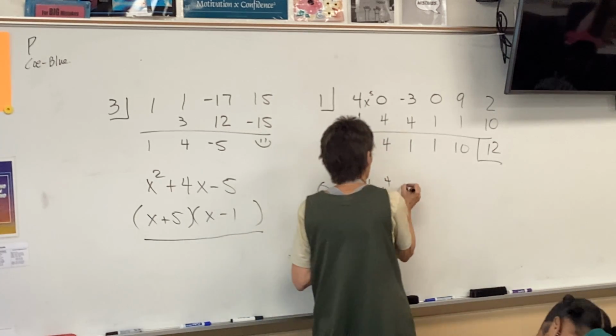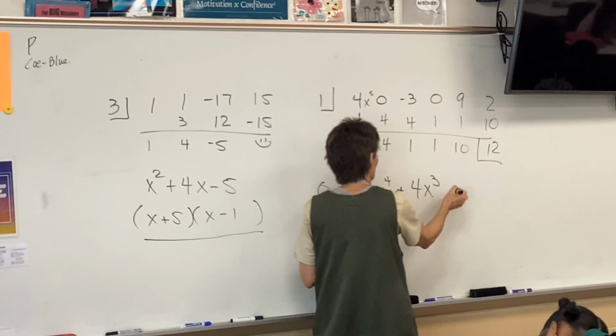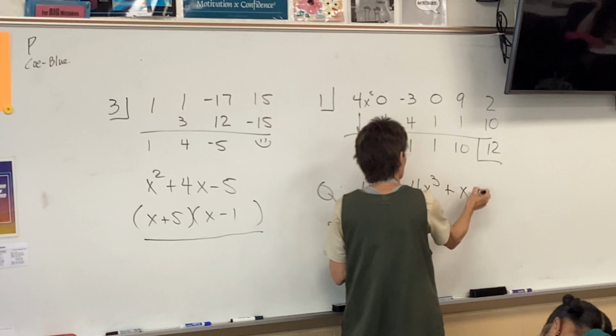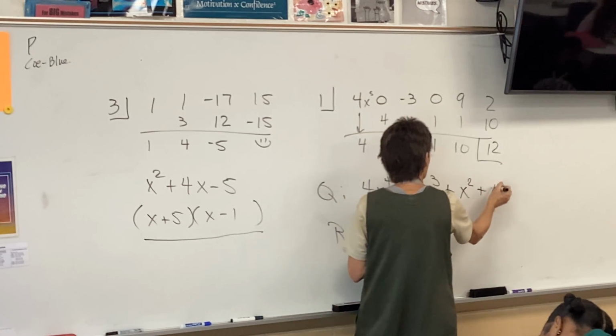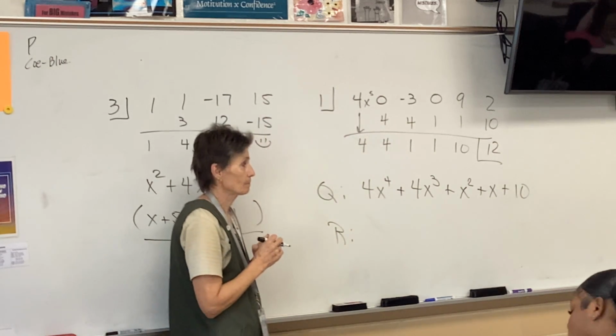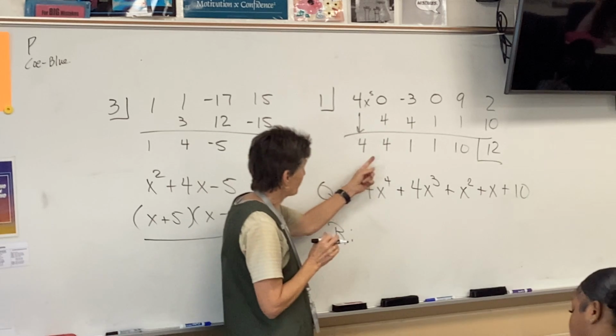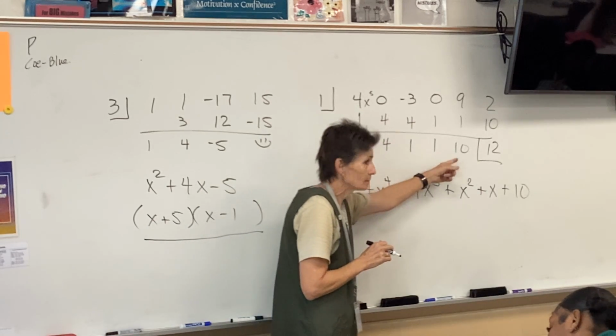So 4x to the 4th plus 4x cubed plus x squared plus x plus 10. x4, x3, x2, x1, no x.